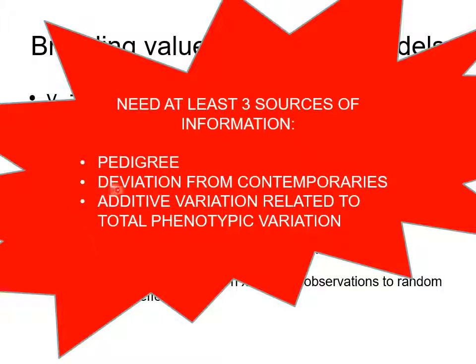How much of this deviation can actually be transferred to the next generation? How much of this deviation is due to additive genes and not other genes causing that? And that in essence is the heritability in the narrow sense. So those are the 3 sources of information that we need to enable us to predict breeding values for farm animals.